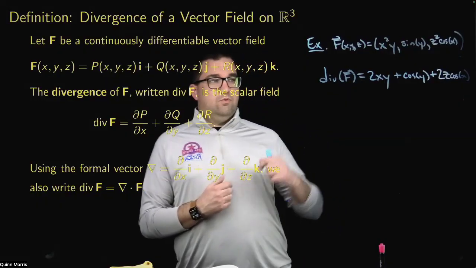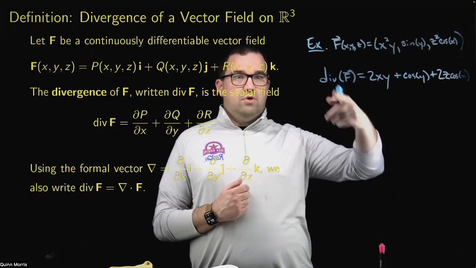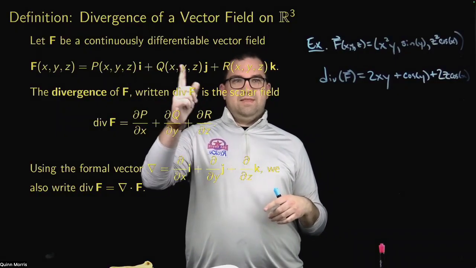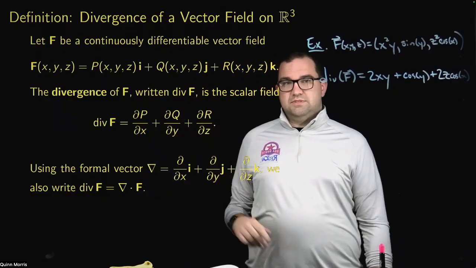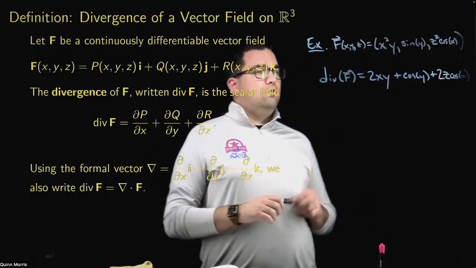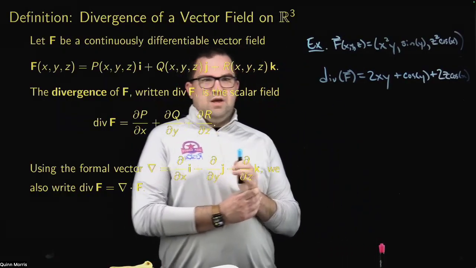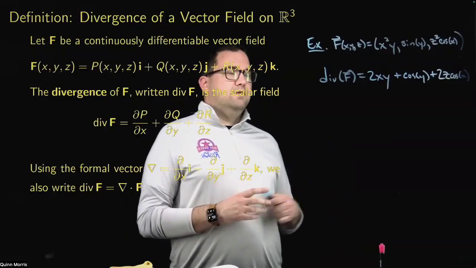And when I say this is a scalar function, it's a scalar function on R3, or you could, if you wanted to, more specifically define this on some subset of R3, and then it's on whatever subset P, Q, and R are all defined. So that's fine. The actual computation of it is not anything super complicated.